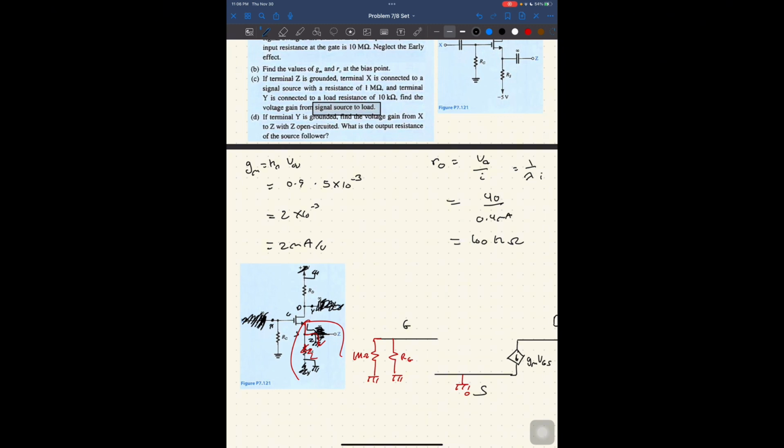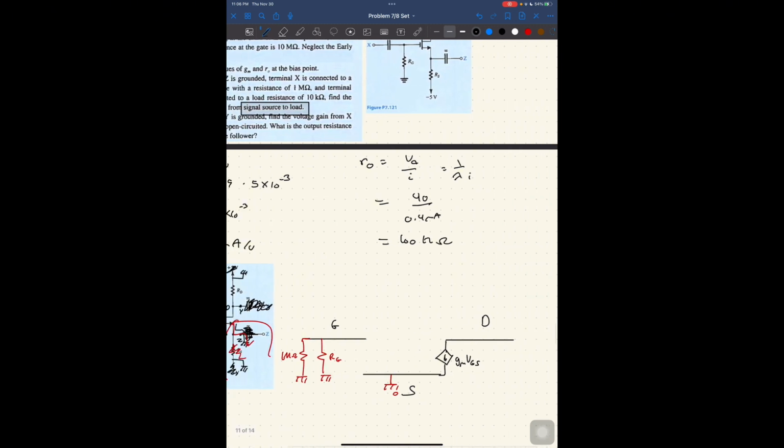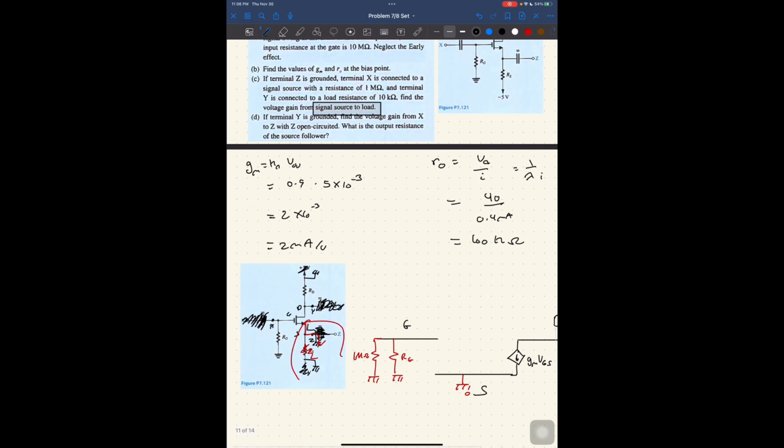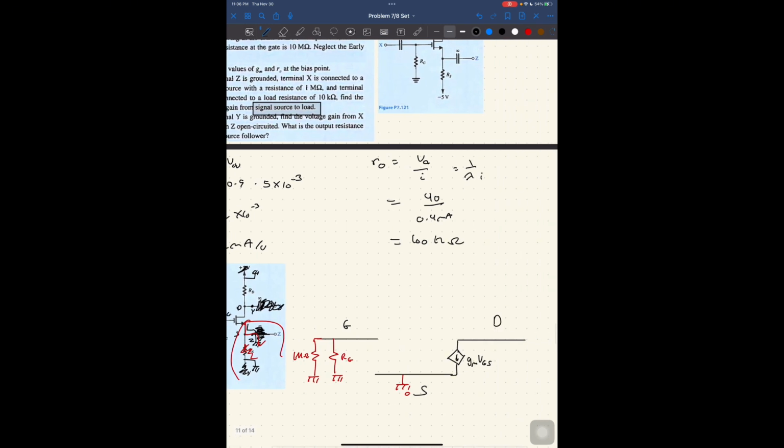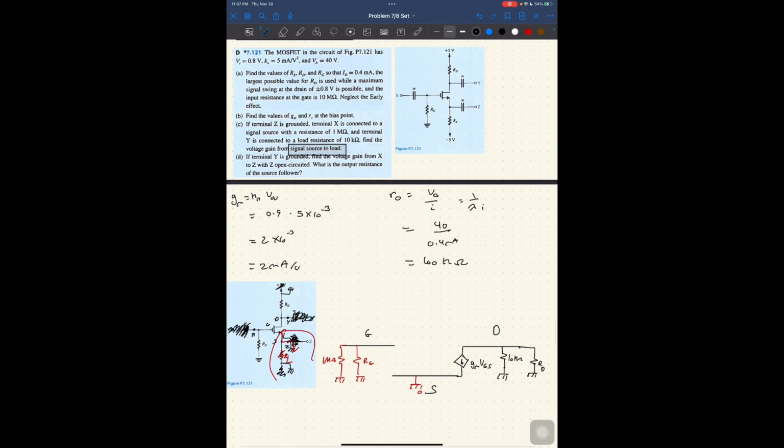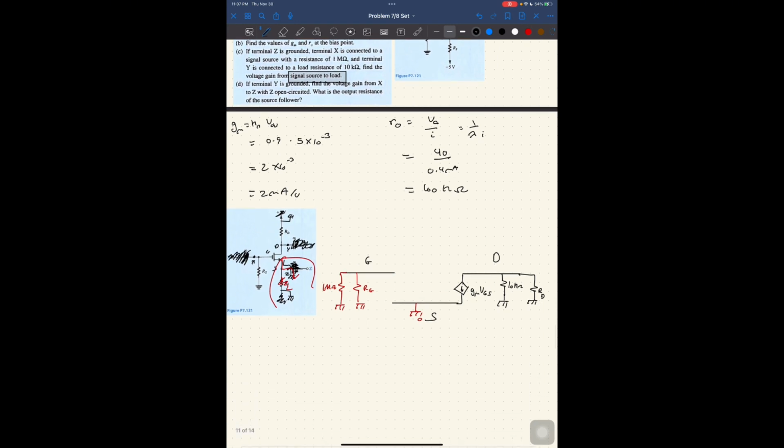And terminal Y is connected to a load resistance of 10 kilo ohms. Okay, this is more reasonable. So terminal Y is connected to 10 kilo ohms, and Y already had RD. Now, find the voltage gain from signal source to load.